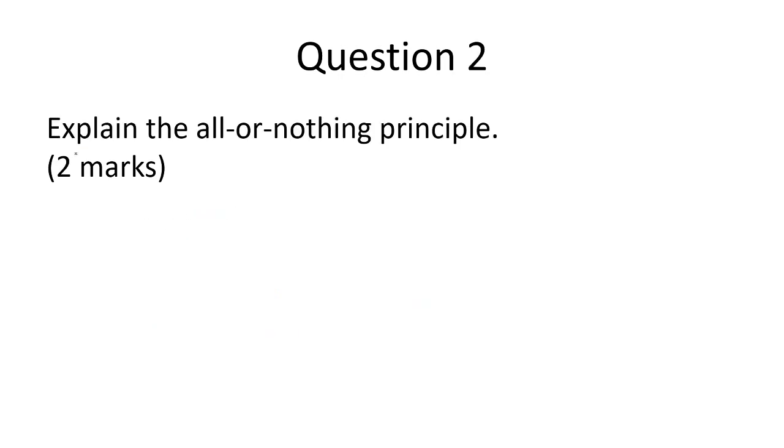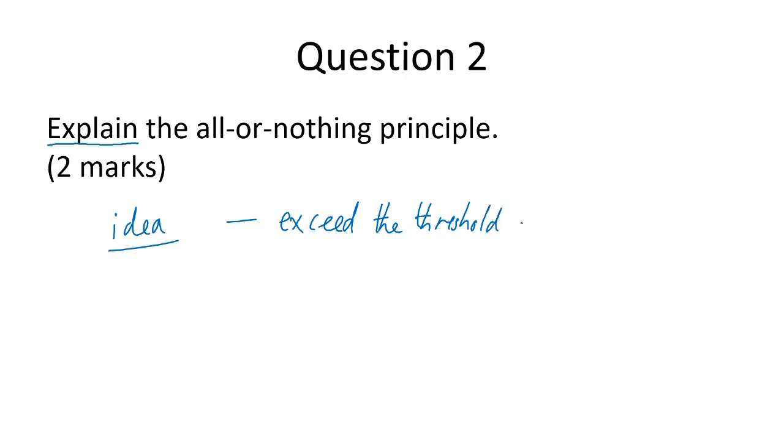So question 2 was an explain question. So we're going to be looking for the core idea behind the concept when we're looking at explain questions. And the main idea with the all or nothing principle is that you have to exceed the threshold in order to produce the action potential.